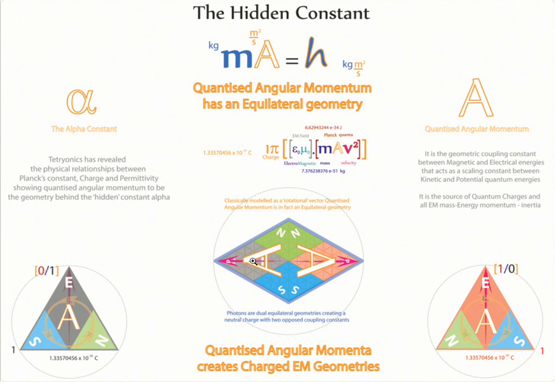It's the key to all of physics, and understanding that the alpha is the equilateral geometry of quantized angular momentum is the key breakthrough that gave Tetrionics the leap forward in explaining and replacing all the errors in QM, QED, chemistry and cosmology, as well as redefining a number of mathematical premises as well.